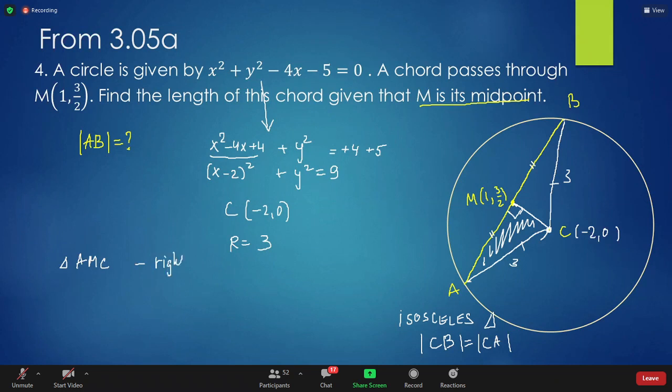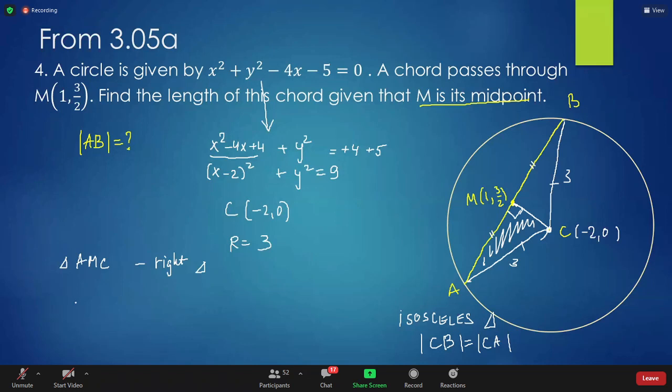So I know the hypotenuse AC. I can find one of the legs. I can find CM. I know AC, I can find MC. So the distance from M to C is the length, of course, of the vector CM or MC.